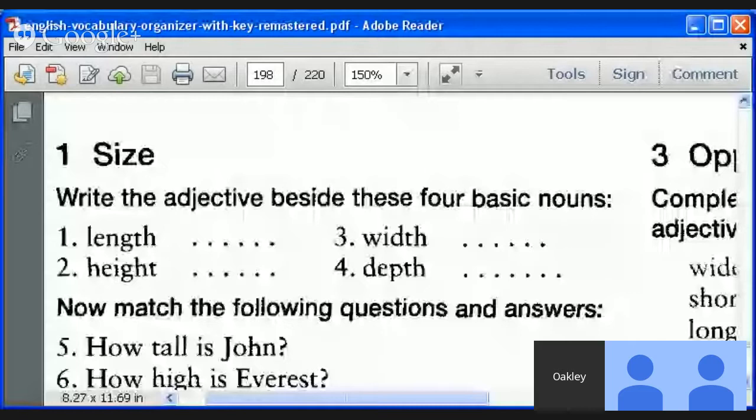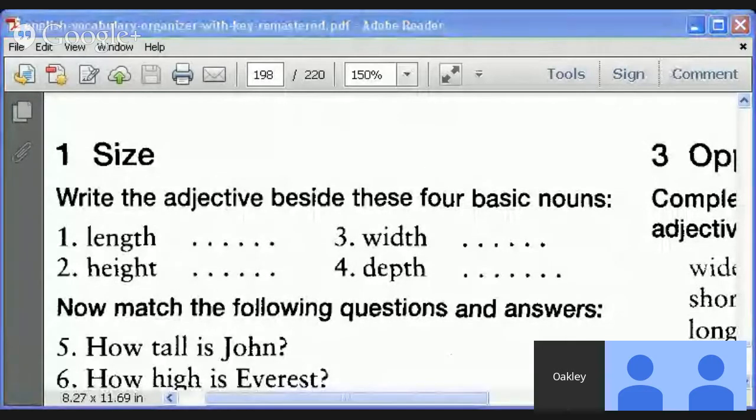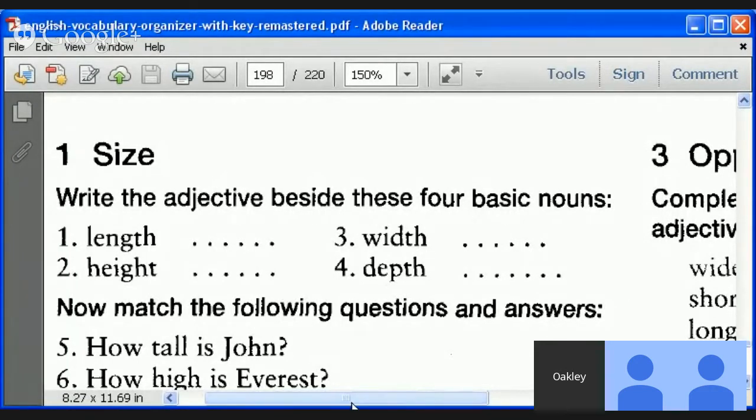All right. Let's start talking about English vocabulary words for size and shape. I'm going to do a screen share with you and test you a little bit. Let's get started.